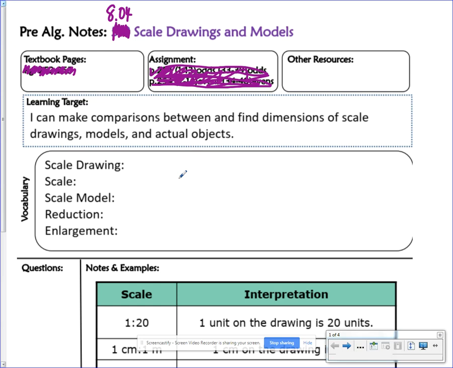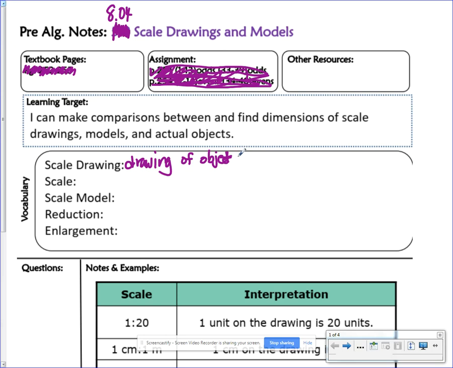Alrighty, so let's start first with scale drawing. I know it's bad to use the word in the definition, but a scale drawing is a drawing, okay? And it's a drawing of some sort of object, thing, a place, something like that. It could be a map, it could be all kinds of things, okay?